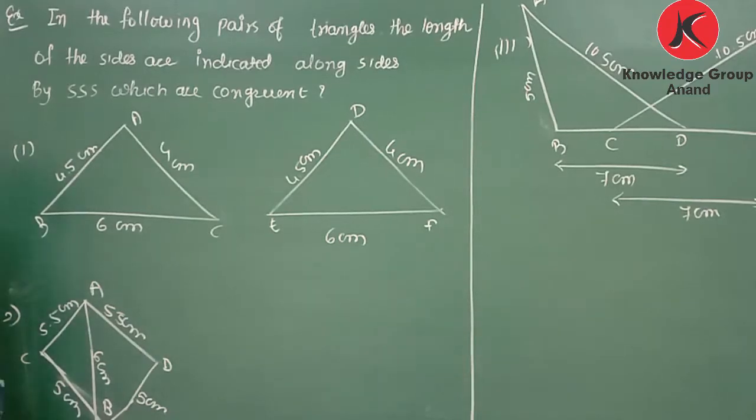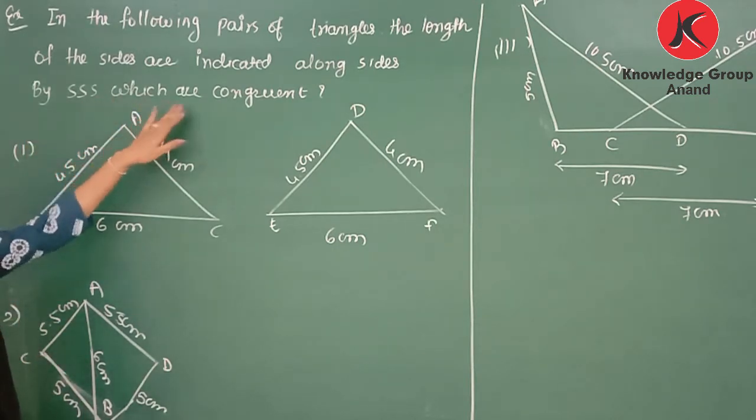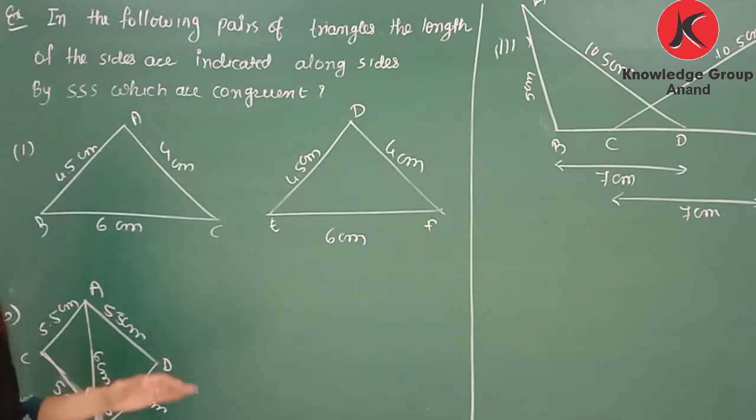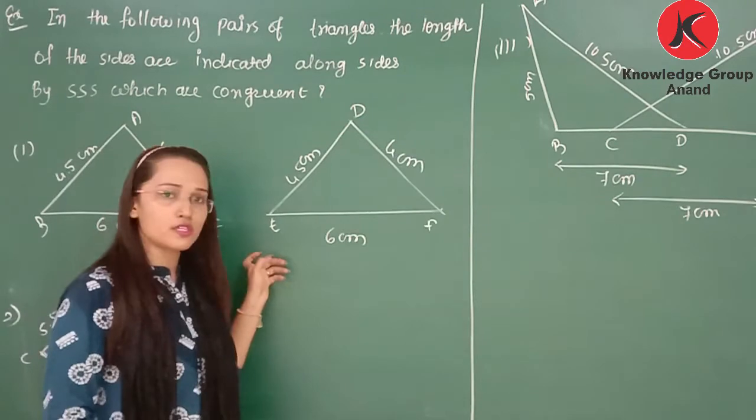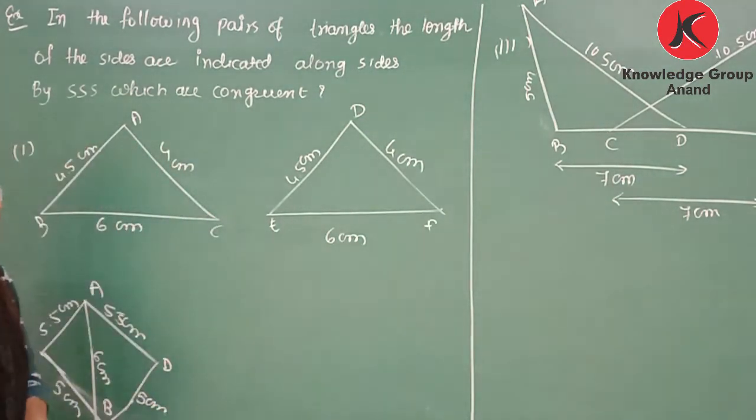Now let's take some examples of SSS criteria. The example is: in the following pairs of triangles, the lengths of the sides are indicated along the sides by SSS, which are congruent, and you need to represent it in symbolic form. Here the first figure ABC is given, and the measurements of the sides are given, and DEF is also given.